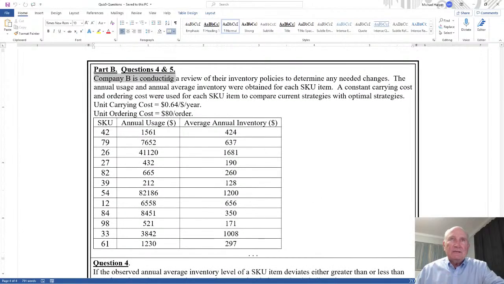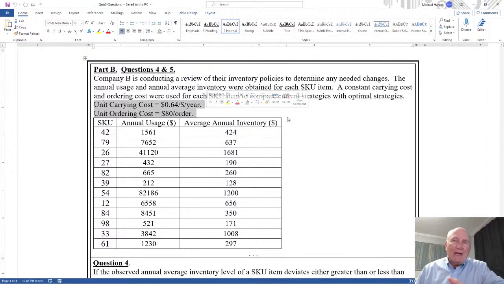Company B is conducting a review of their inventory policies to determine any needed changes. The annual usage and average inventory were obtained for each SKU item, and let's assume this is over a fiscal year. A constant carrying cost and ordering cost were used for each SKU item to compare current strategies with optimal strategies, and they're given right here.